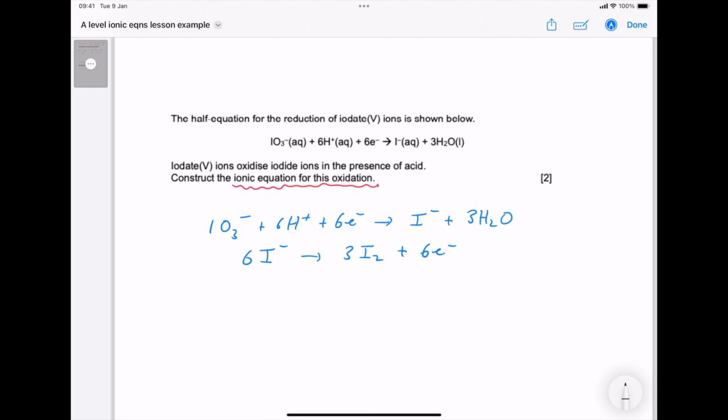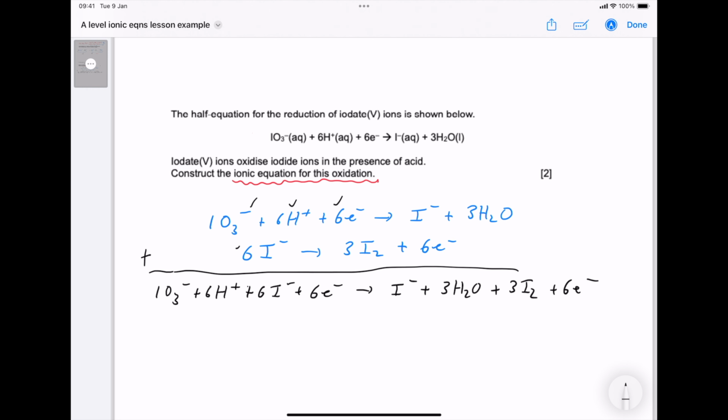Adding the two half equations gives, and by the way, you literally add everything on the left and then everything on the right, just like a maths equation basically. So I'll put a plus sign there. The next thing to do is to cancel down things that are common to the left and the right-hand side. They must be exactly the same to be cancelled out.